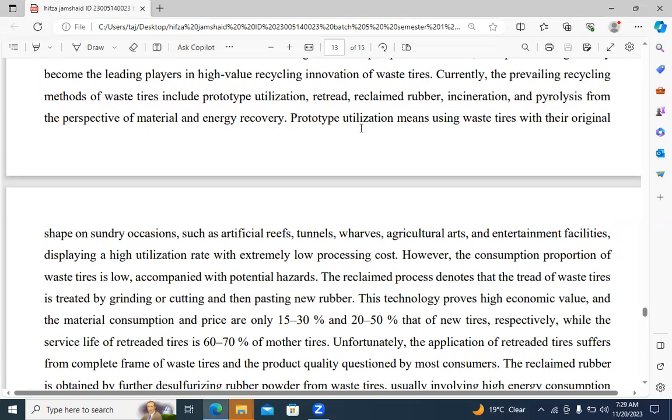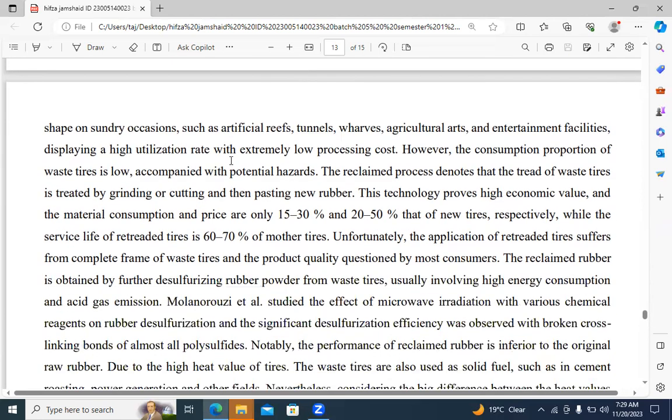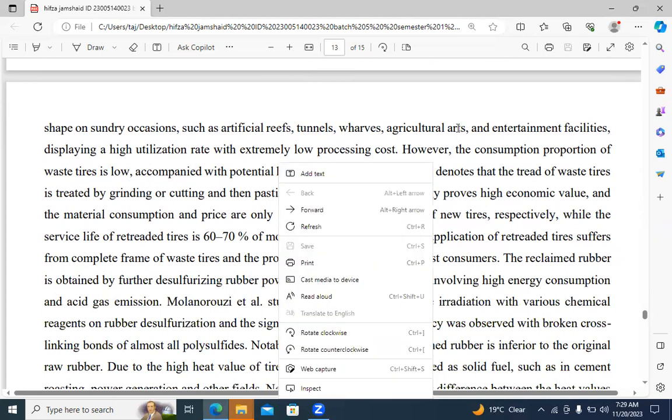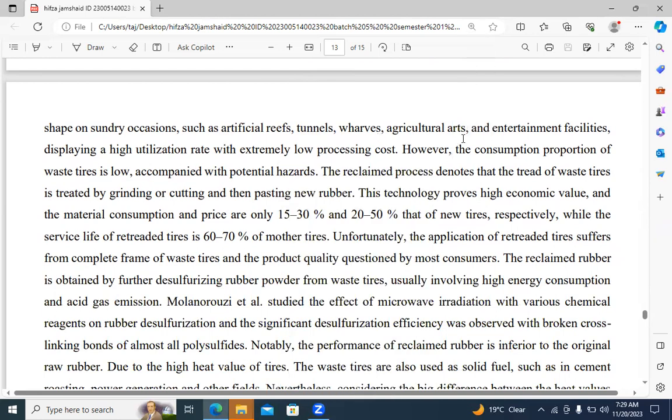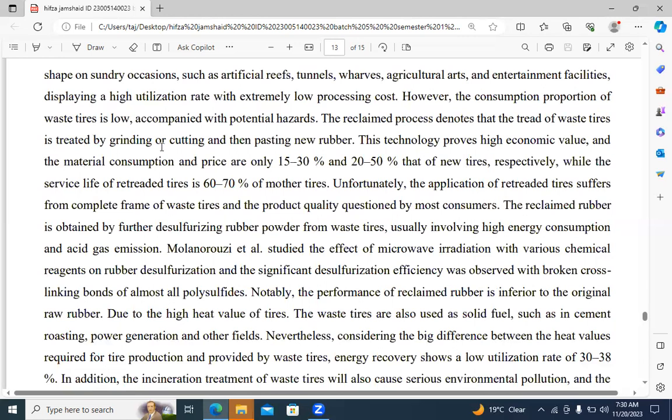Prototype utilization means using waste tires with the original shape on secondary occasions, such as artificial reefs, tunnels, and artificial agriculture. This will extremely lower your cost. The consumption proportion of waste tire is low, and it is occupied with potential hazards.